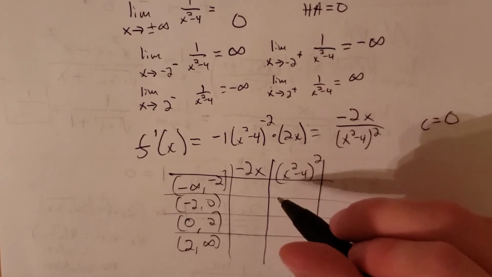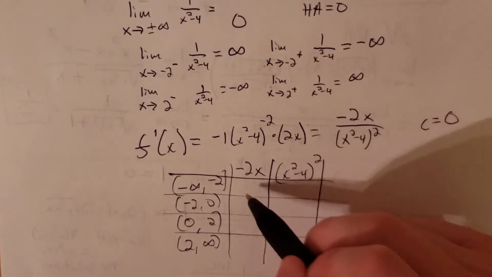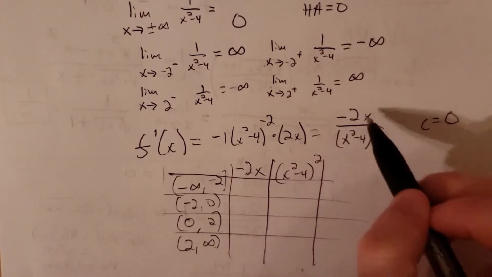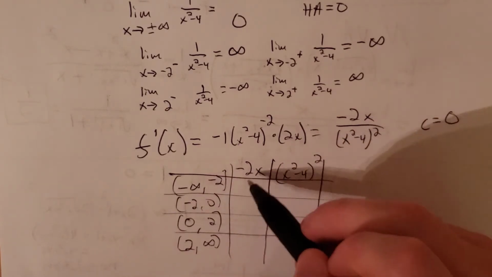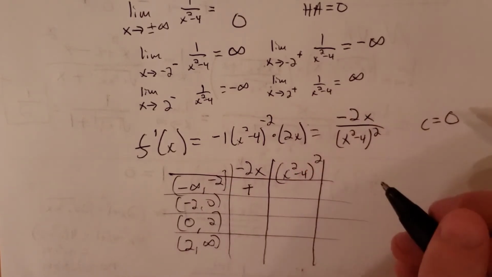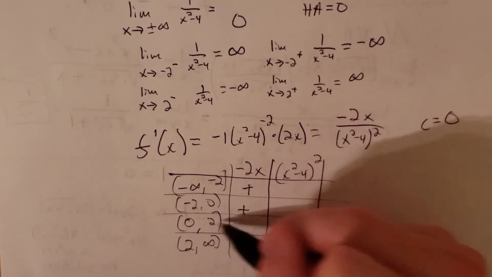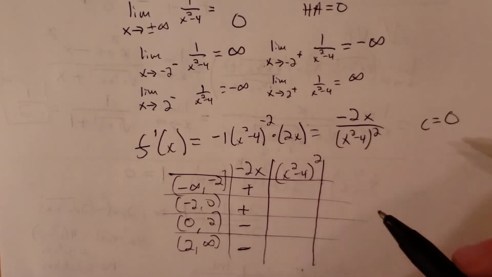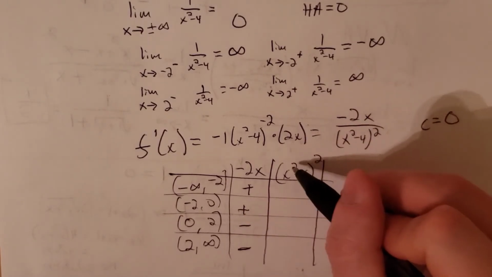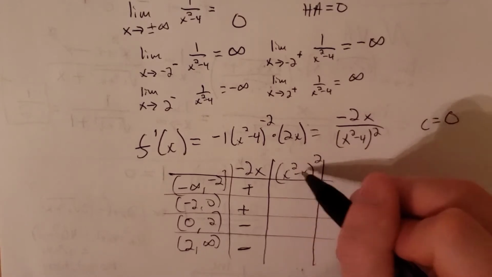So that quotient, we can determine if it's positive or negative just by determining the positive or negativeness of each of these separately. From -infinity to -2, we plug in a negative value, and this is a positive. -2 to 0, we plug in a negative value, that makes this a positive. Plugging in a positive makes this term a negative, makes this a negative. Then we plug in anything into the denominator, and we're going to get a positive because it's something squared.